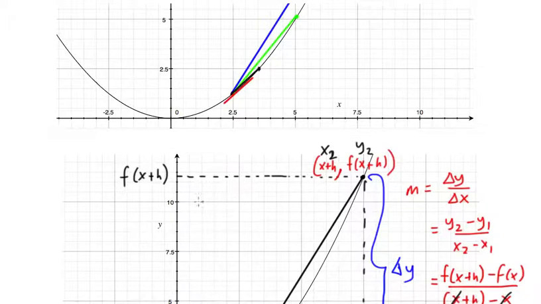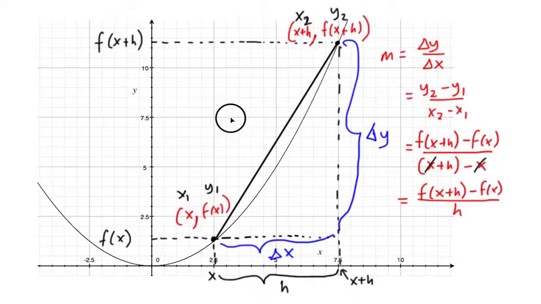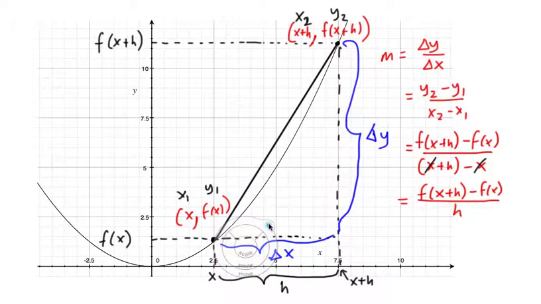So what does that mean in terms of expressing it generally? We have our two points, x and x plus h. As h is smaller and smaller, we find an equation of a slope that is almost equal to what we want.